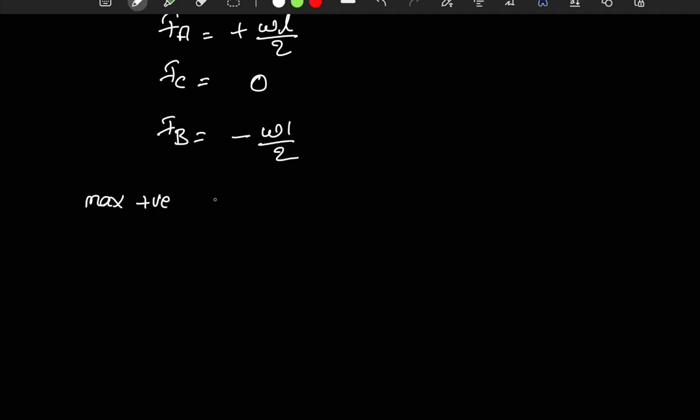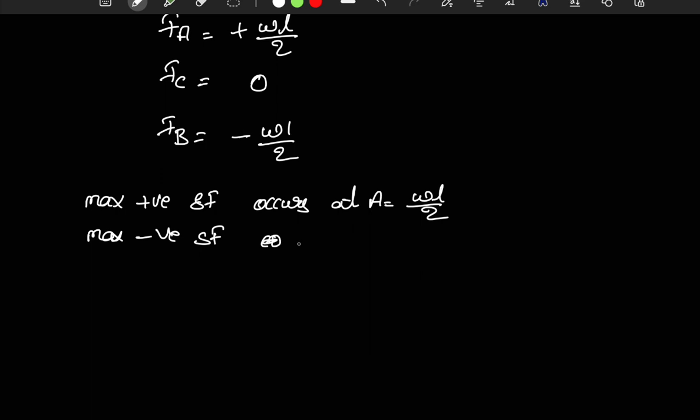Maximum positive shear force occurs at A and is equal to WL by 2, and maximum negative shear force occurs at B, negative WL by 2.